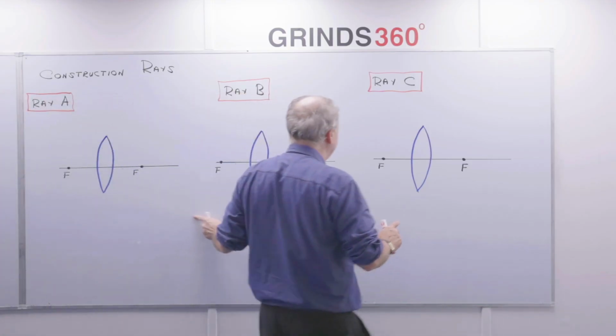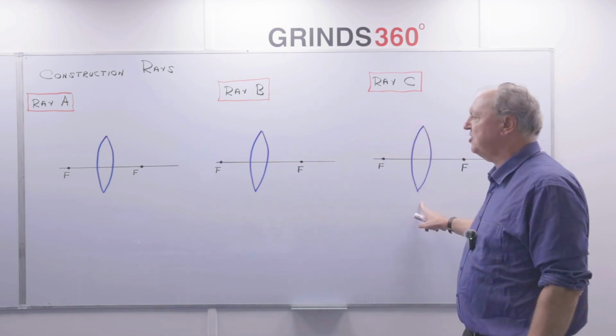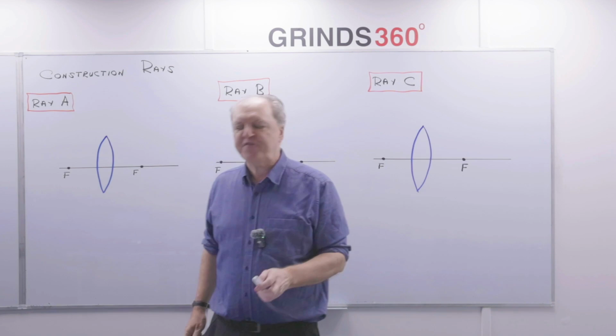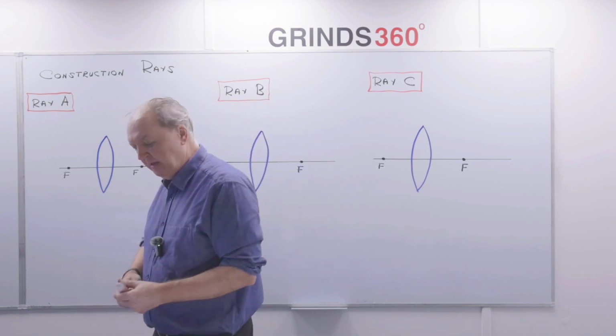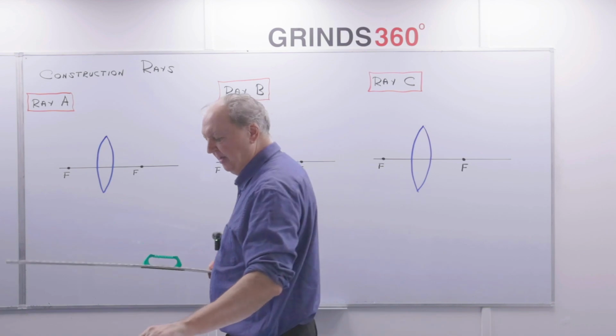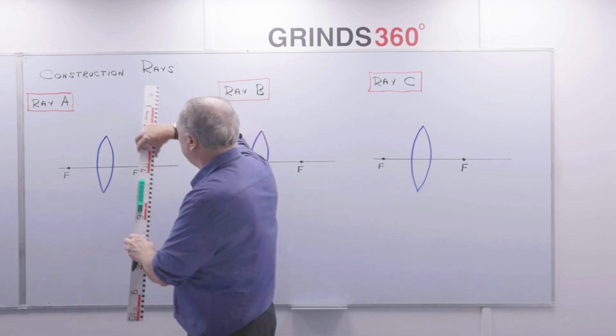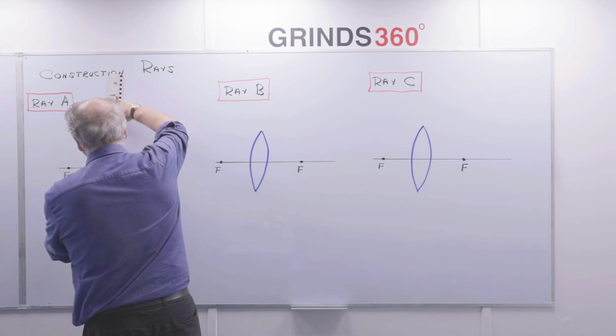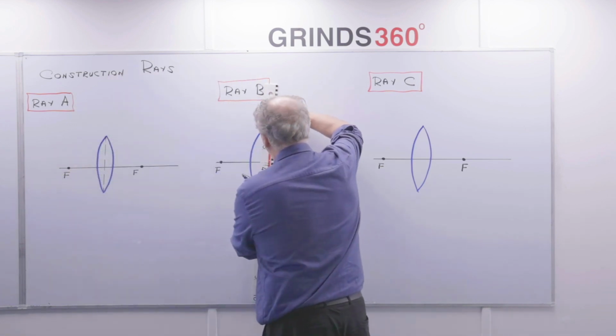So here's my three convex lenses. They've got a focus on either side. What's my first construction ray going to be? It's going to be a ray of light parallel to the principal axis. Now, we don't want to show it bending twice. So in each case, we put in that central line going down the middle.